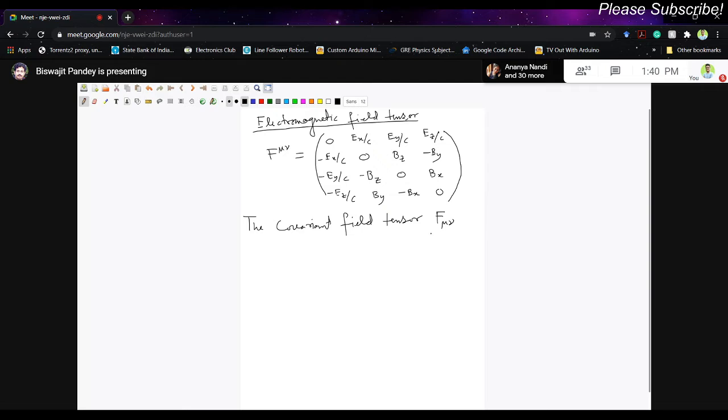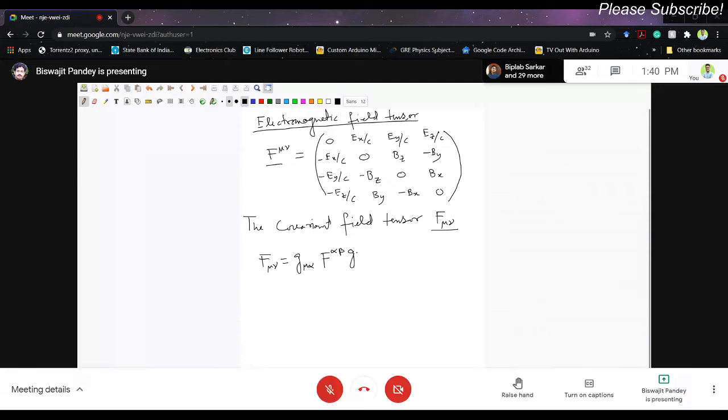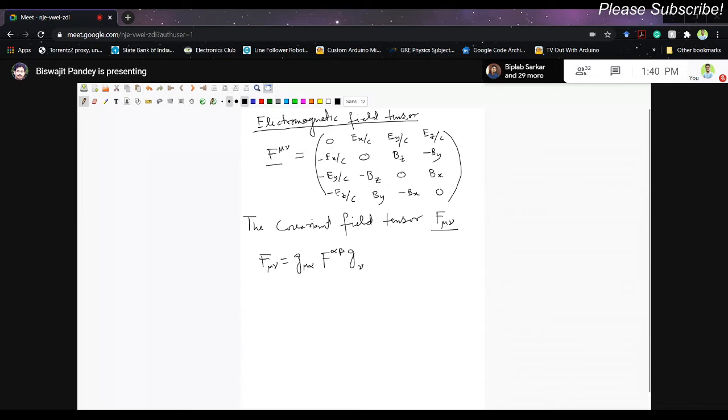So if you want to calculate F mu nu with lower indices from F with upper indices, you have to use the metric tensor. So F mu nu will be the metric tensor g mu alpha, F alpha beta, and then g nu beta, right?